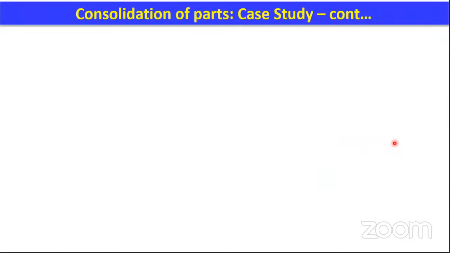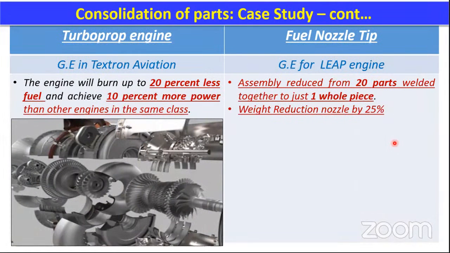And this is again for consolidation of parts, especially in GE, where you see almost 20% of fuel has been saved by using this particular lightweighting or part consolidation. And again, for GE in the LEAP engine, people have used a single part replacing 20 parts which used to be welded, made through the AM technique.